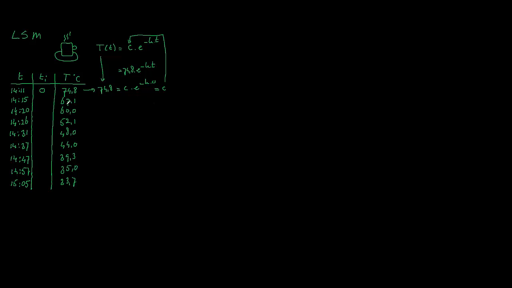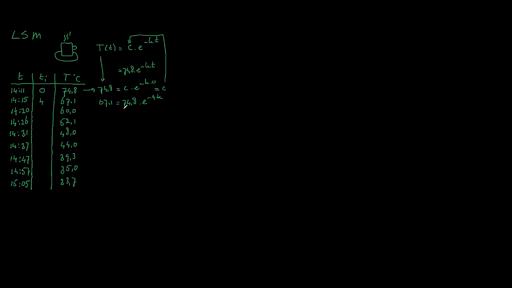What we now will do is fill in all these numbers into the function over here. So this is 4 minutes later. So we have 67.1 equals 74.8 e to the power of minus 4k.